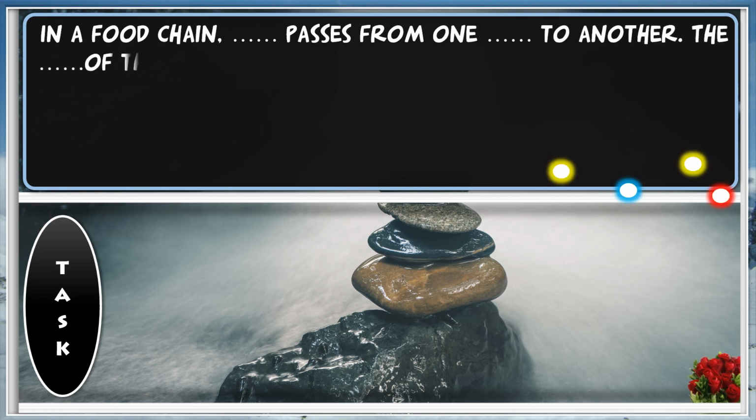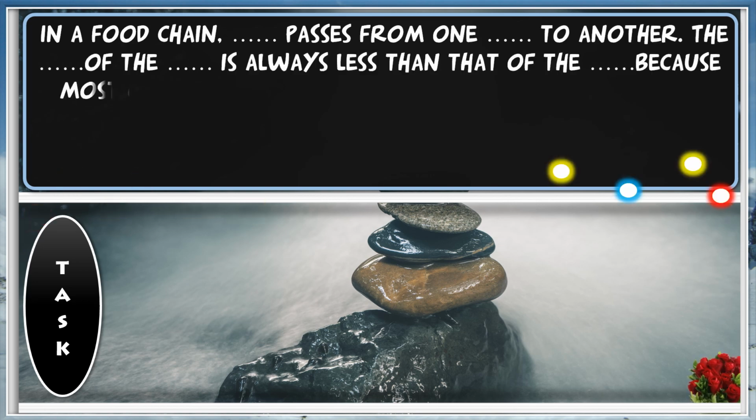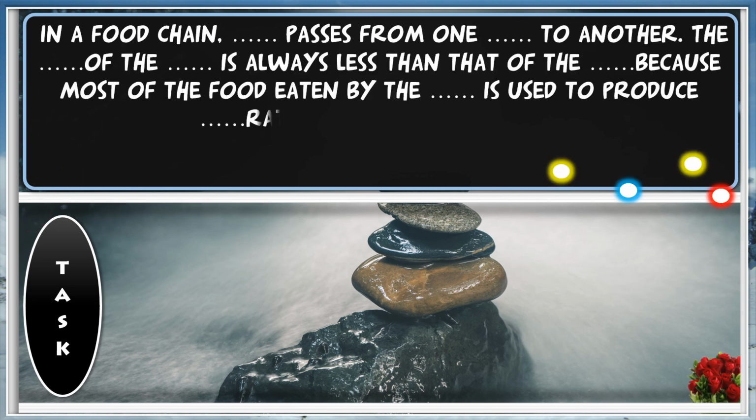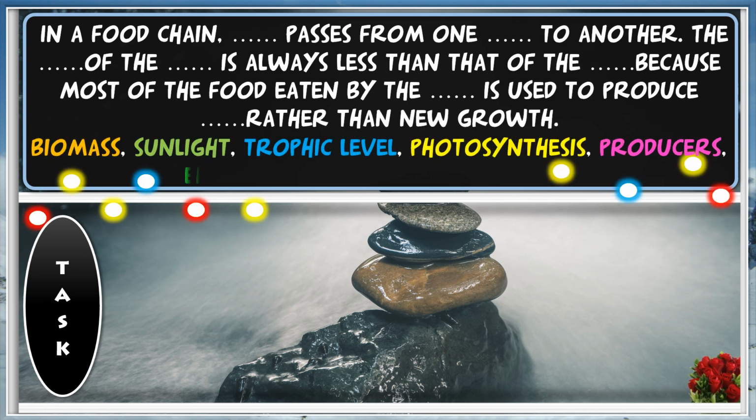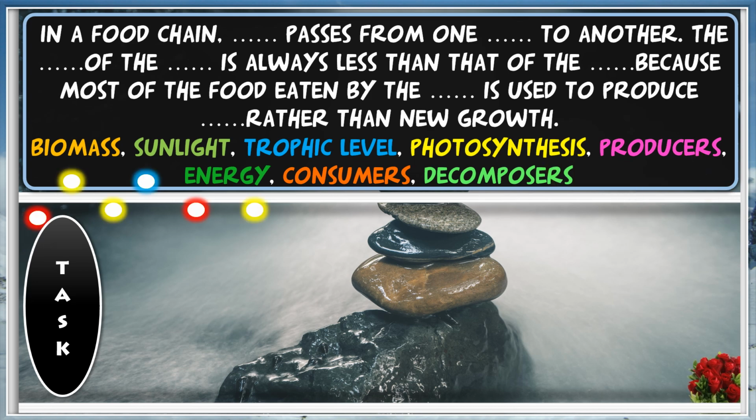In a food chain, dash passes from one dash to another. The dash of the dash is always less than that of the dash because most of the food eaten by the dash is used to produce dash rather than new growth.